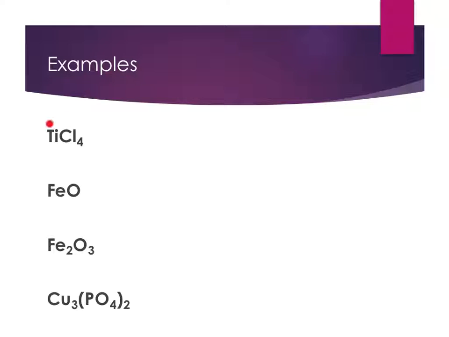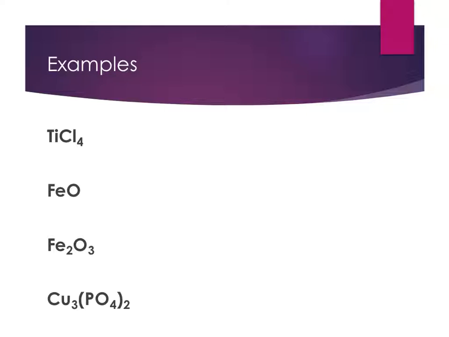So let's look at our first compound here, TiCl4. Now, we know that the transition element is titanium, and we can see that titanium is bonded to 4 chlorines, and we know that chlorine is always -1.